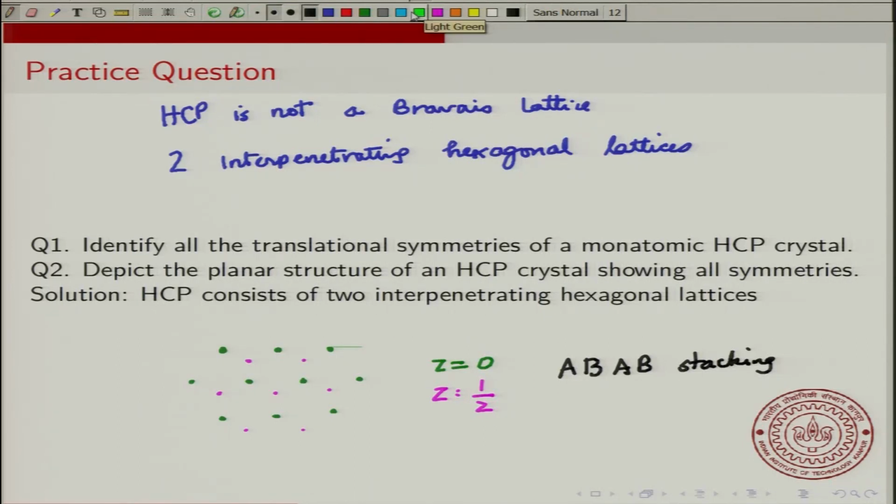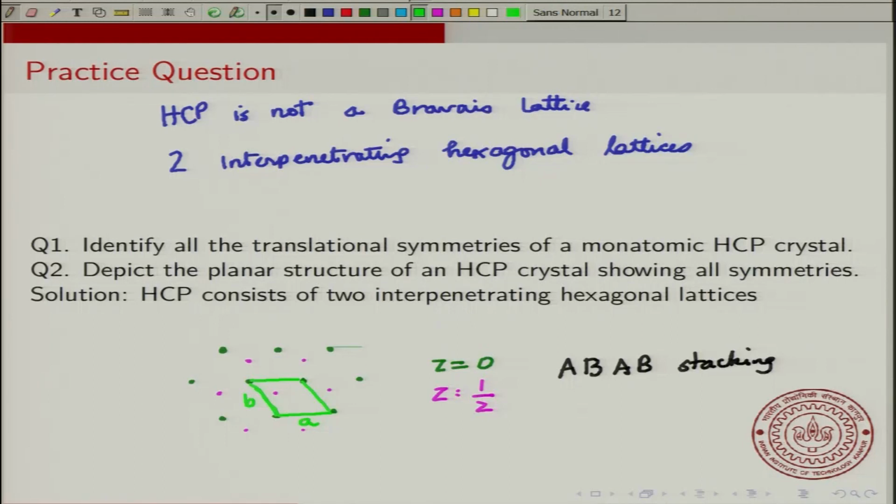Typically the unit cell is chosen in this manner. So you choose a cell this way. You choose A and B, and C is perpendicular to the screen. So that is a typical choice of unit cell.